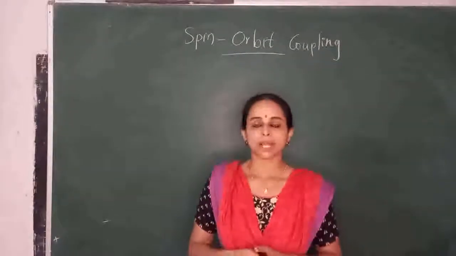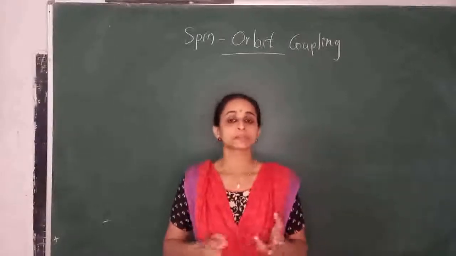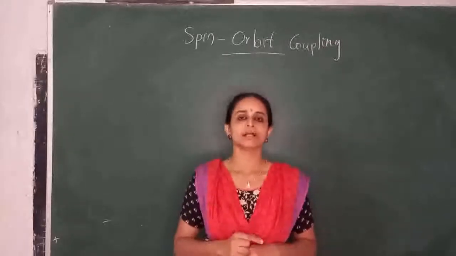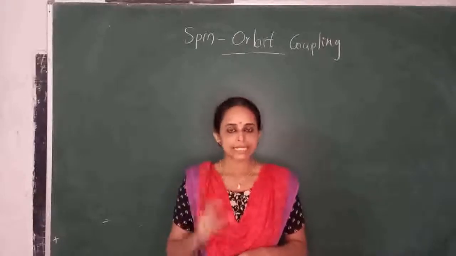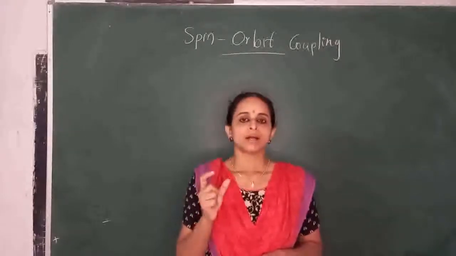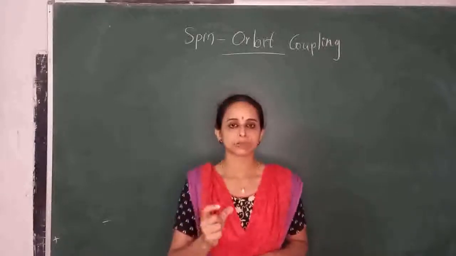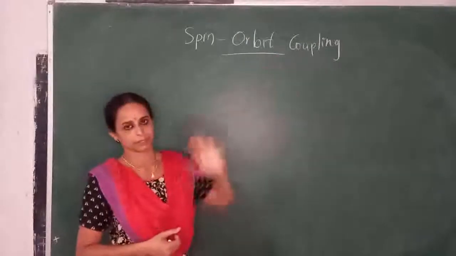The spin-orbit coupling is the interaction between the spin and the orbital angular momenta of the atomic electron. The interaction between the spin and orbital angular momenta of an atomic electron is called spin-orbit coupling.